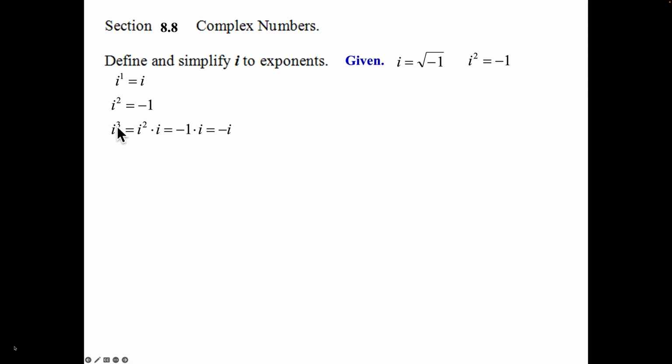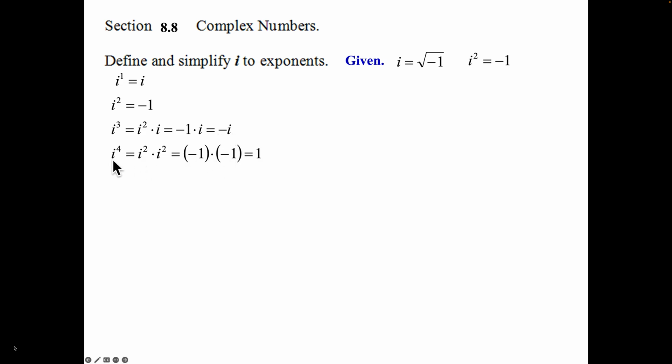I to the third power: if we think about our product rule of exponents, when you multiply like bases, you add the exponents. So this is technically i to the first. So i squared times i to the first, 2 plus 1 is 3. Well, i squared is -1, i doesn't change, so i cubed is -i.